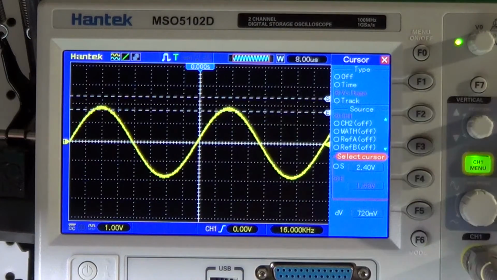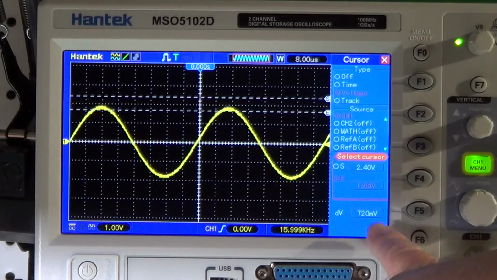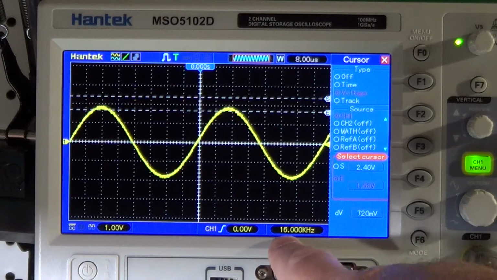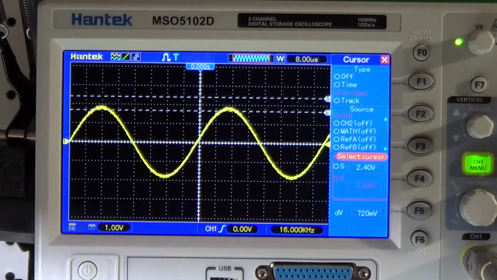Okay, I guess we are gonna stop over here, just above the line, because the line will actually be 0.72 instead of 0.7. So this should be enough. And we are seeing a frequency of 16 kHz at this point. So this is about the cutoff frequency that we are looking for.